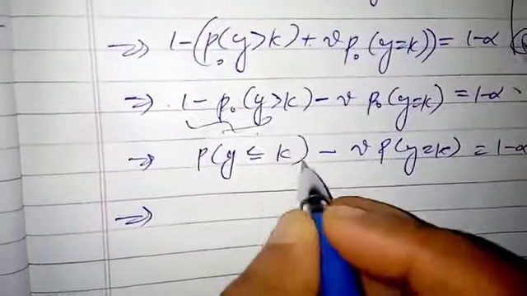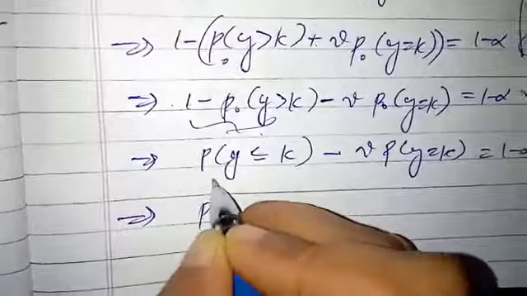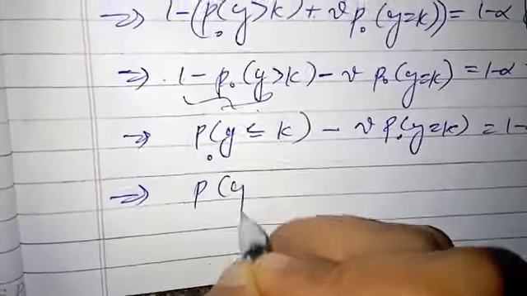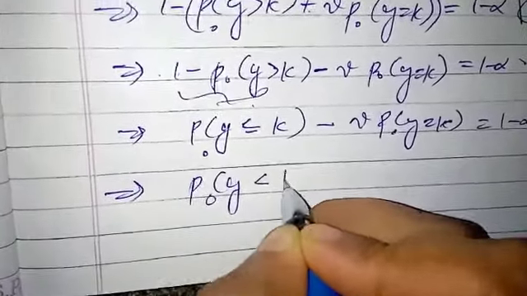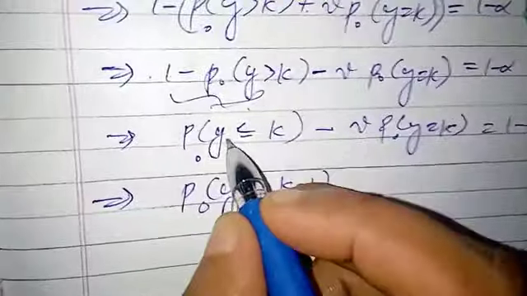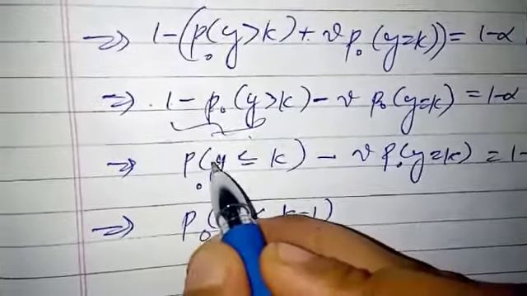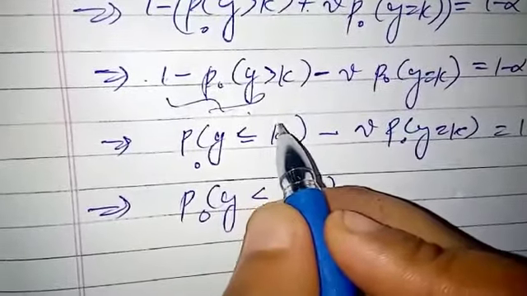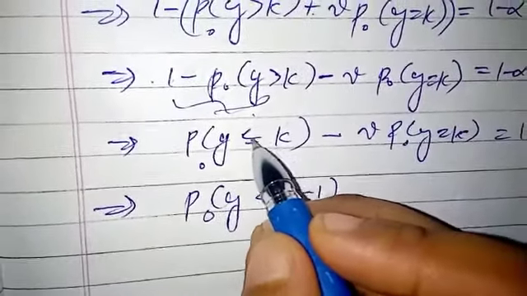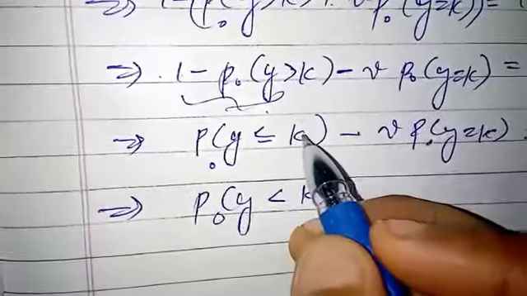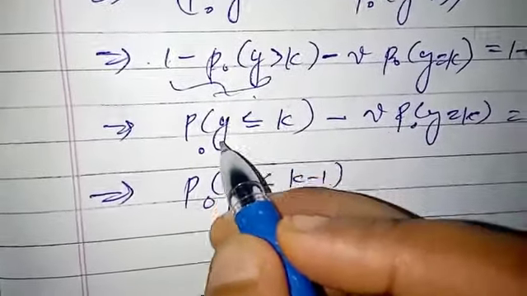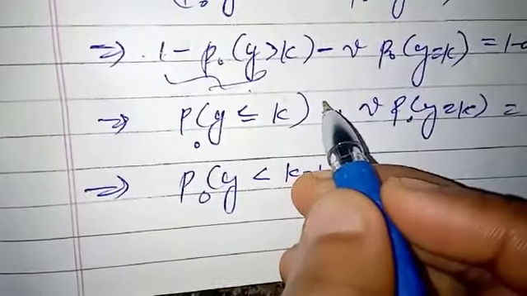Which implies we can write these terms as the probability of y less than k minus 1. Here y is less than or equal to k, so that contains the values of y equal to k, plus it also contains y less than k values, k minus 1 values, right?